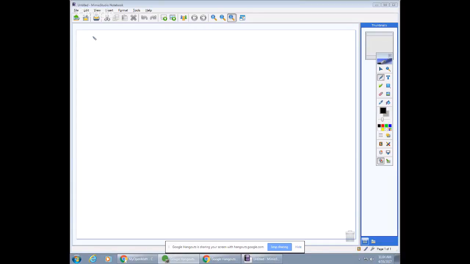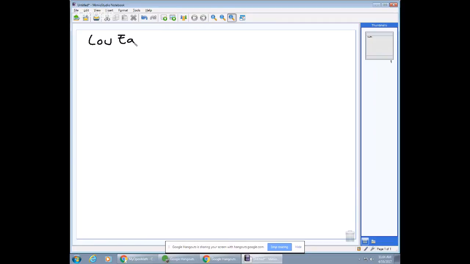Here we go. So we're going to play around with a low Earth orbit. Low Earth orbits are orbits where the satellite has an elevation of somewhere between, I think, 160 kilometers and up to 4,000 kilometers on average from Earth.